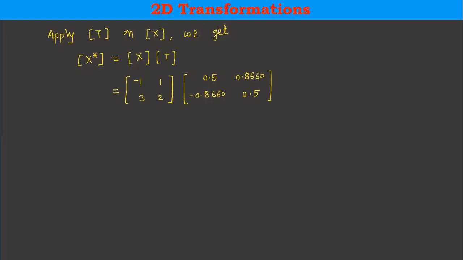Just use the calculator to save time, because doing the multiplication manually is a time consuming process, and using a calculator is allowed in the examination also. If you know how to do the matrix multiplication using a calculator, then it's okay. If you don't know, then just tell me, I'll explain how to do that. Yes, do you know that?